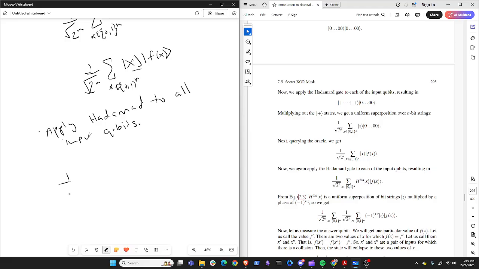So 1 over square root of 2^n, the sum over x in {0,1}^n. Doing our Hadamards, we get square root of 2^n.